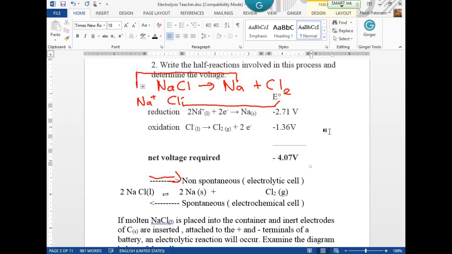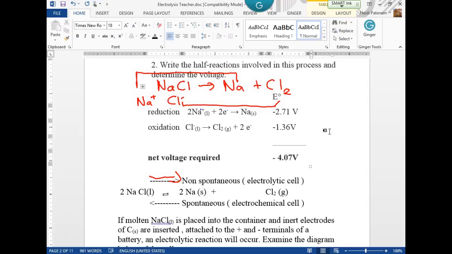Isn't it like 300 and something degrees? Isn't it really hot? What temperature does salt go from a solid to a liquid state? Talking about sodium chloride. What temperature? 801 degrees Celsius. Pardon me? 801 degrees Celsius.